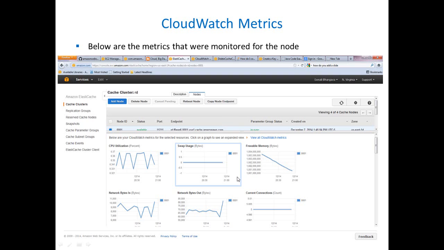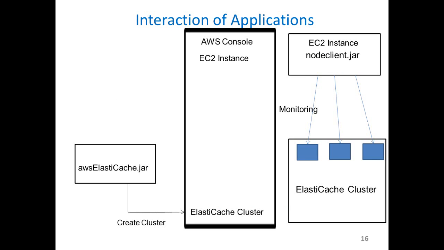Or if the current connection is way too large, then we can. This is the application interaction: the Elastic Cache jar creates the cluster, and then the Node Client jar monitors that cluster.